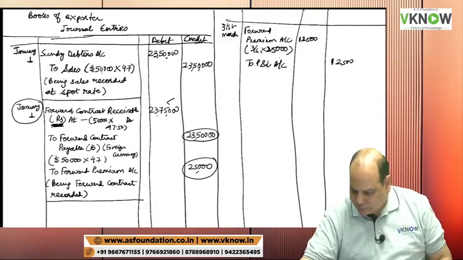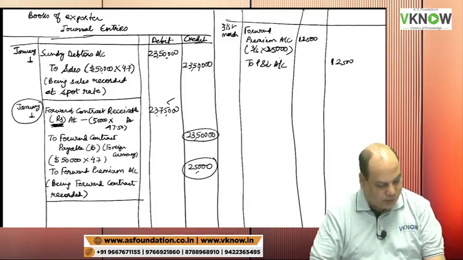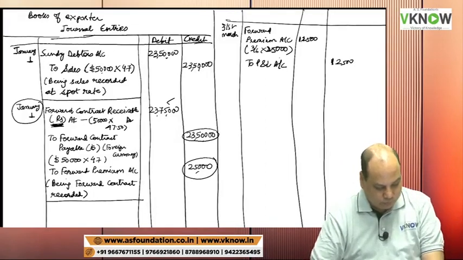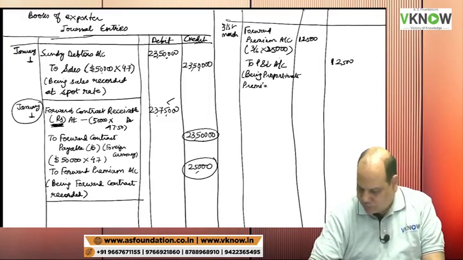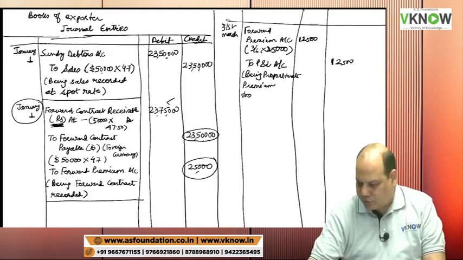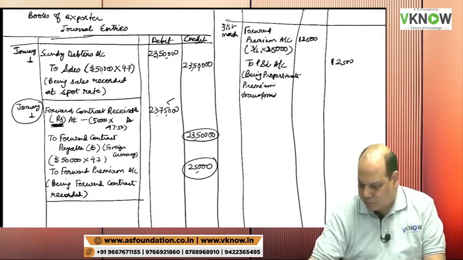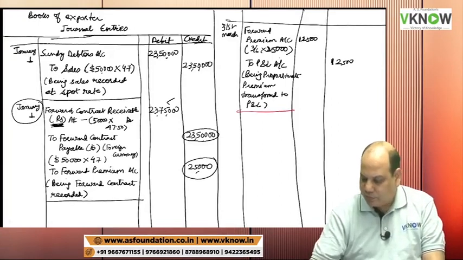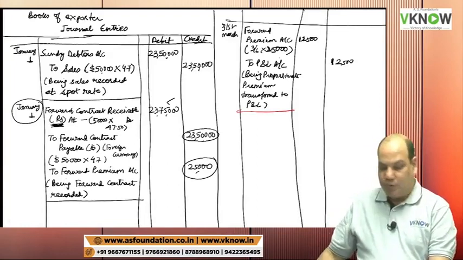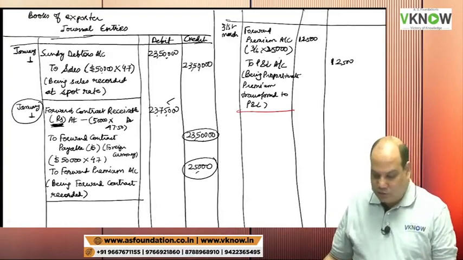To P&L account 12,500, being proportionate premium transferred to P&L account.